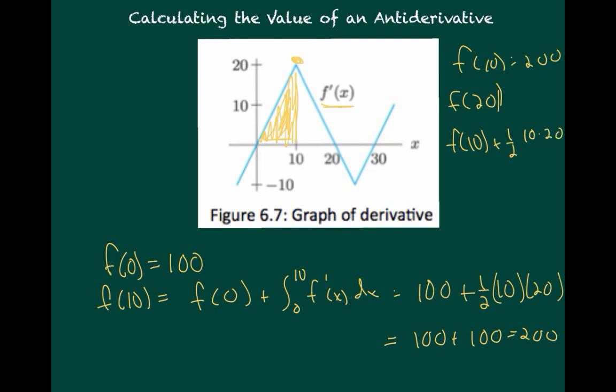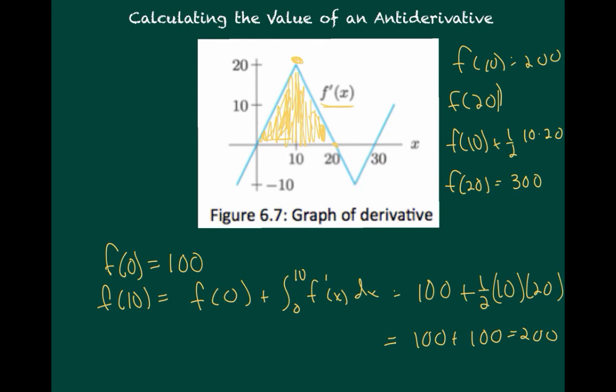So f of 20 is going to equal 300. That's all of this area here. Now notice we have a maximum at 20. So there was an inflection point at 10, a maximum at 20, and then the values of the antiderivative are going to begin to decrease. And that's because the derivative is negative.